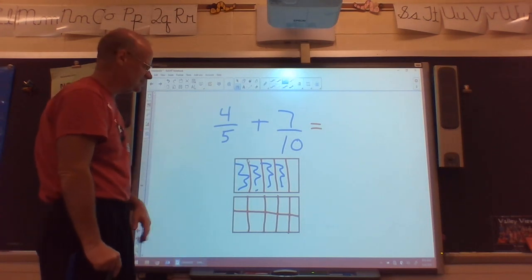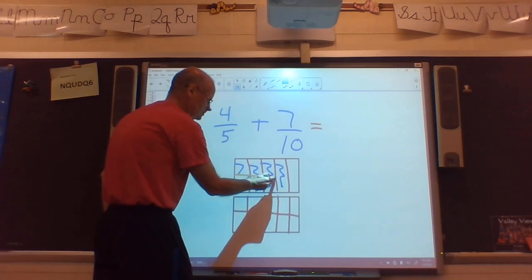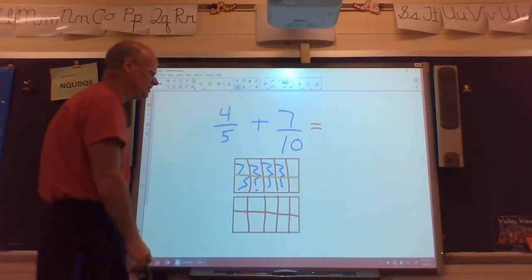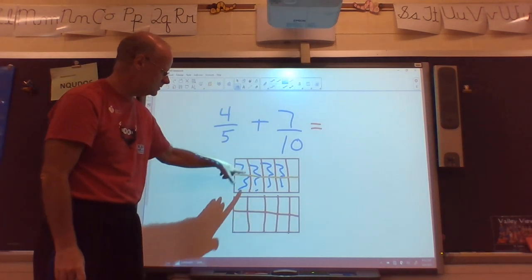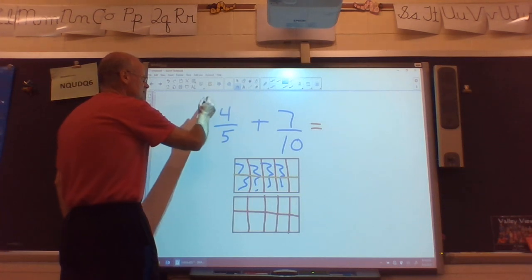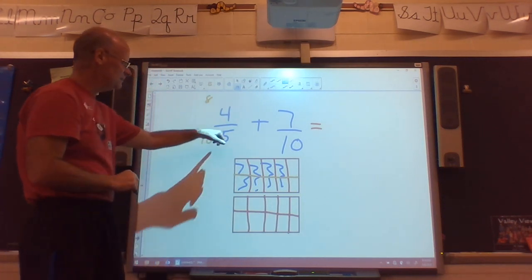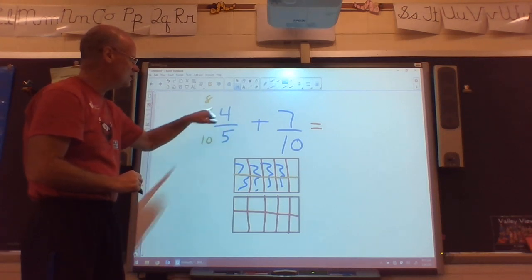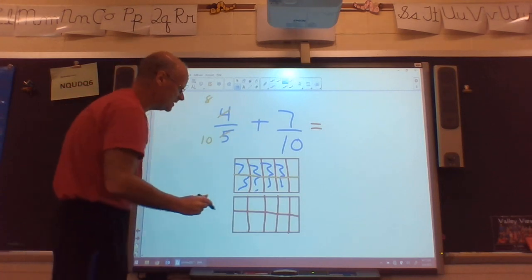Could I not just cut this in half and make these into tenths? So I just made an equivalent fraction. I just figured out that 4/5 are equal to 1, 2, 3, 4, 5, 6, 7, 8 tenths. So I changed 4/5 to 8 tenths. And I did that by multiplying each of these numbers by 2. Now I'm going to color in my 7 tenths.